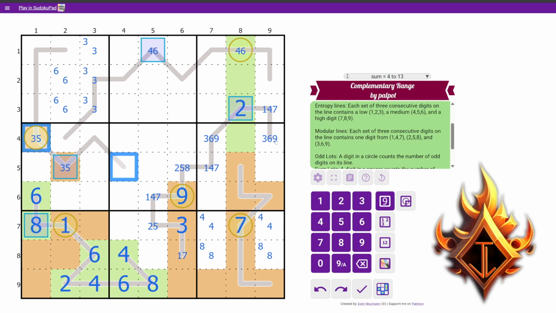Not sure about that one yet. 1, 3, 5. This is 5 or 9. So 7. 7 could go there as well. 7's making that little deal.